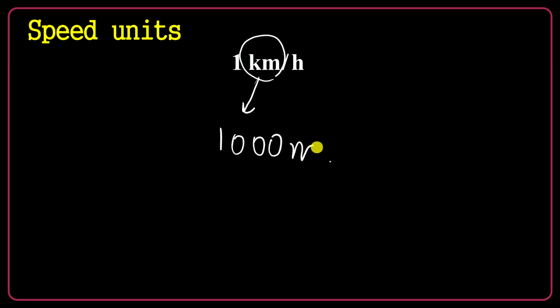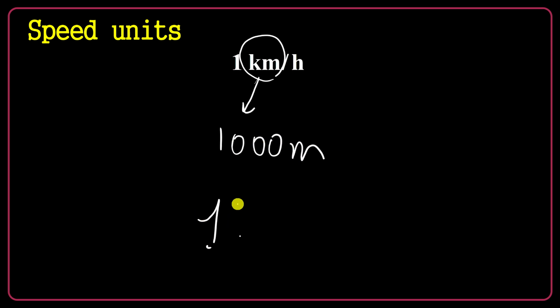Finally, let's consider how speed units are connected. I mean kilometer per hour. You know that it's a commercial unit, mostly used in car speedometers. How is it connected to meters per second? It is not that challenging. 1 kilometer is 1,000 meters.